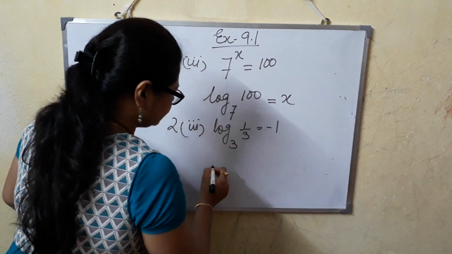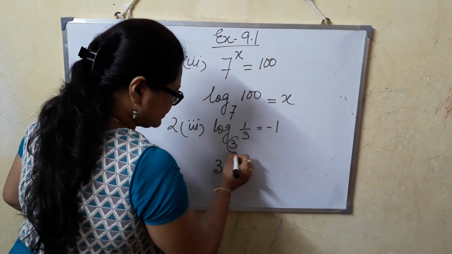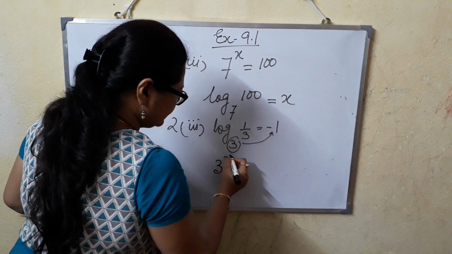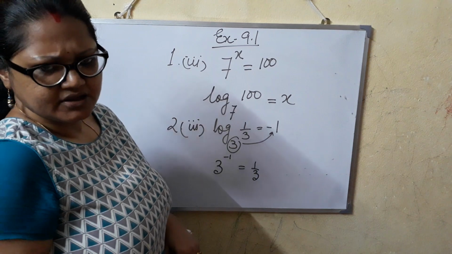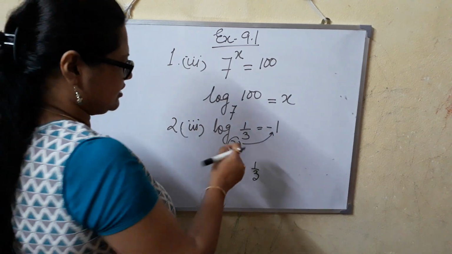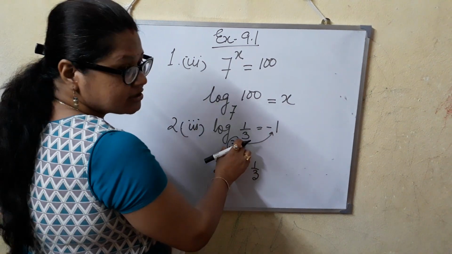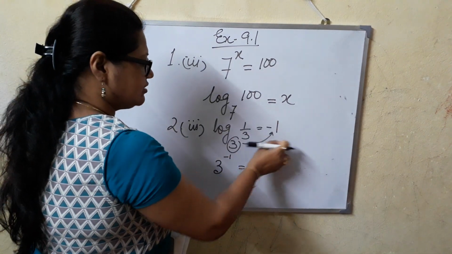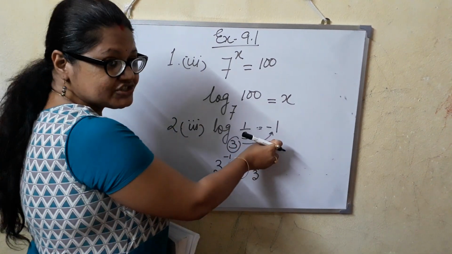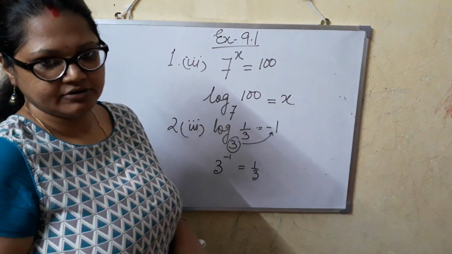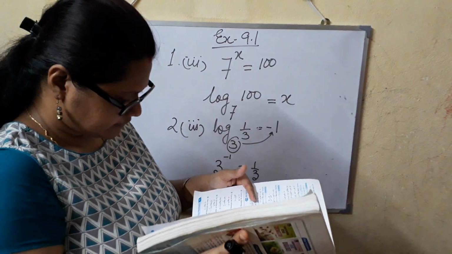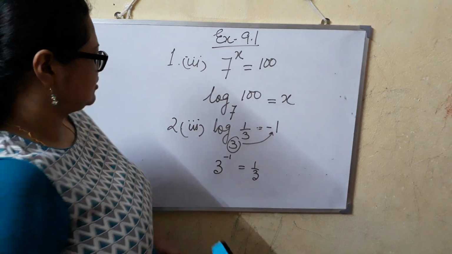Here we can write 3 to the power of minus 1 is equal to 1 by 3. It's very simple a thing. Base to the power of this will be equal to the number on which the log is operated. Okay? Alright. Let's move on.